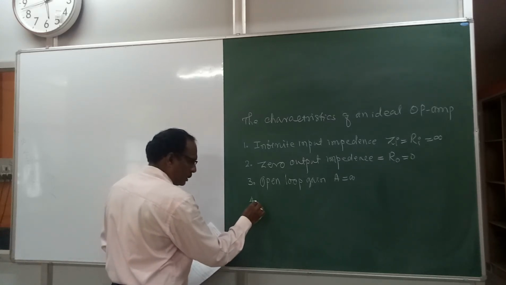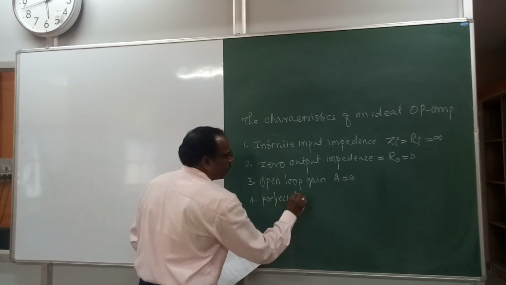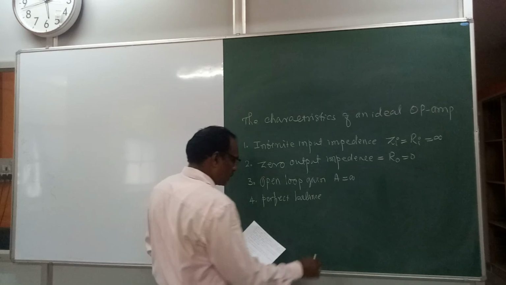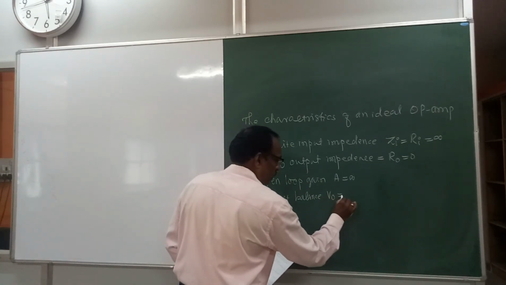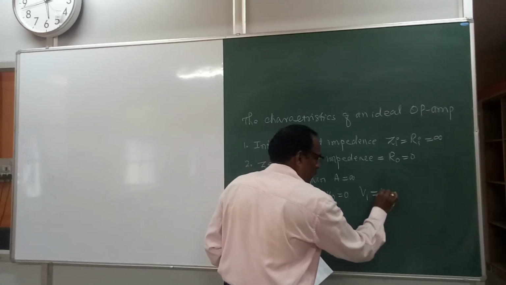Perfect balance. This is perfect balance. We can balance using offsets. You can say VO will be equal to 0 provided V1 is equal to V2.